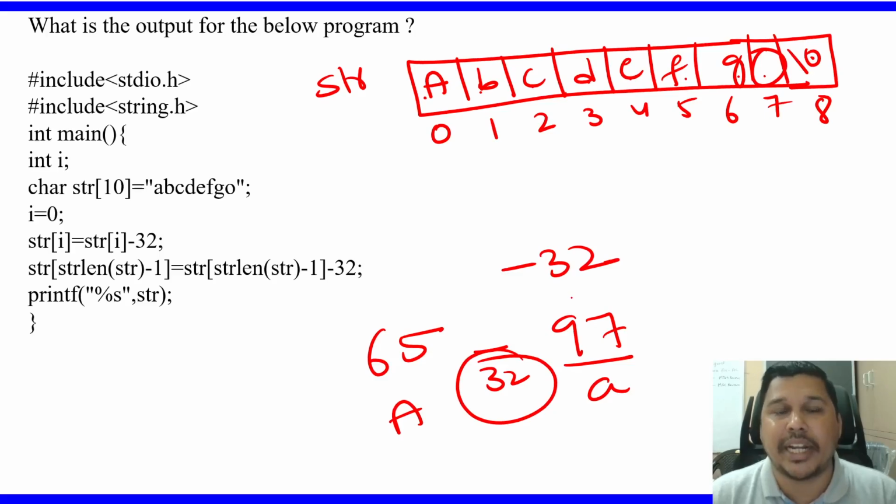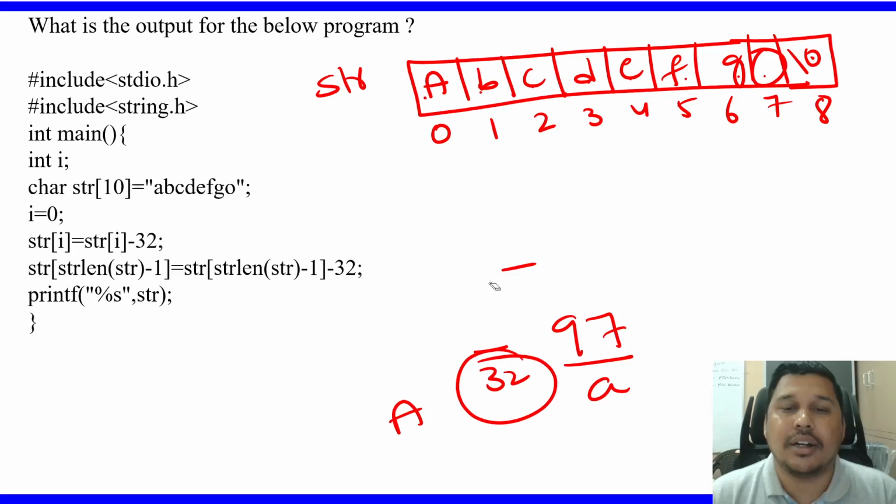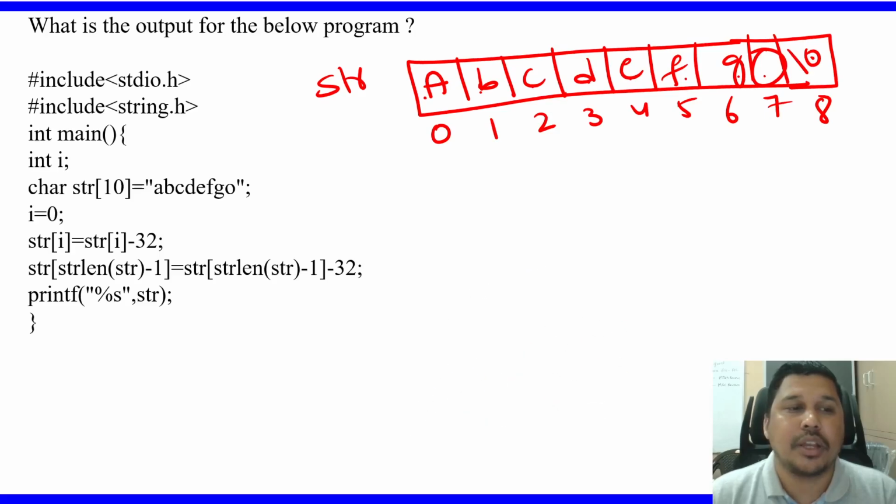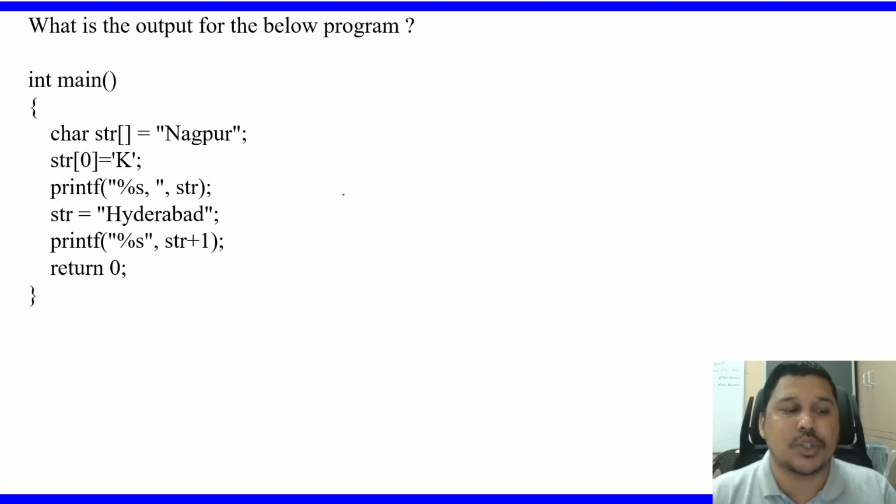When you have a capital letter and want to convert it to a small letter, you add 32 to that ASCII value, right? That way you can solve this kind of problem. So for this problem the output is capital A, B, C, D, E, F, G and capital O, right? Let's see the next question.